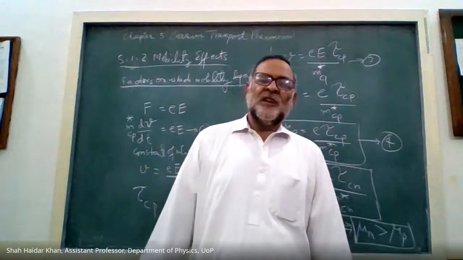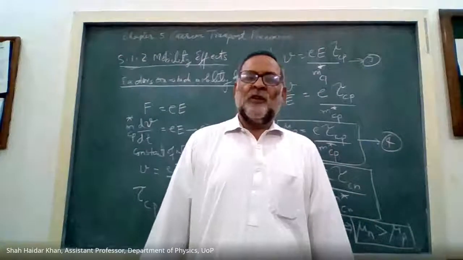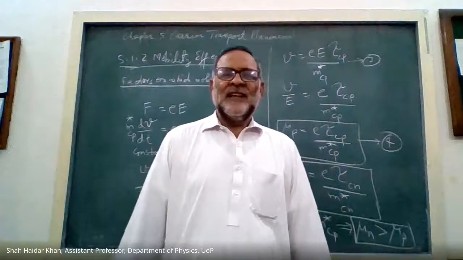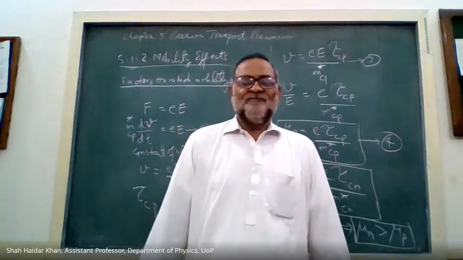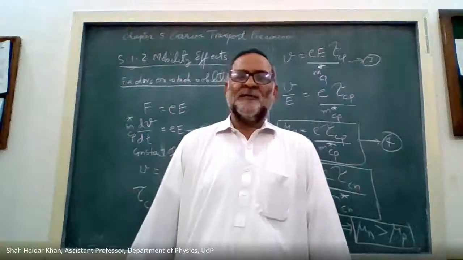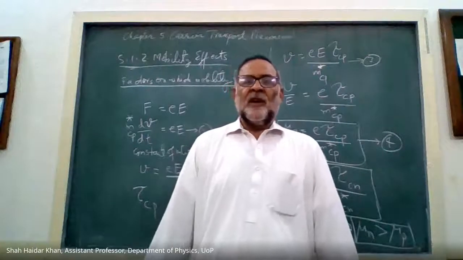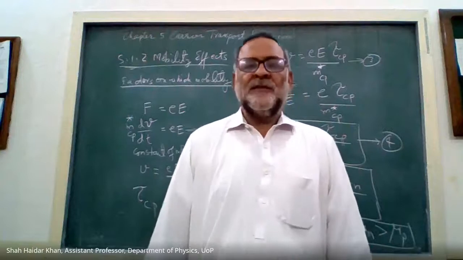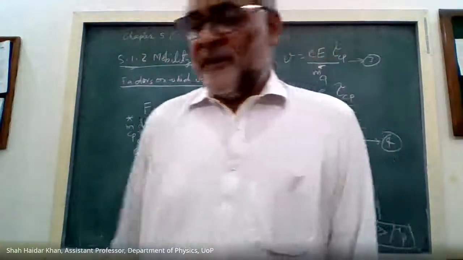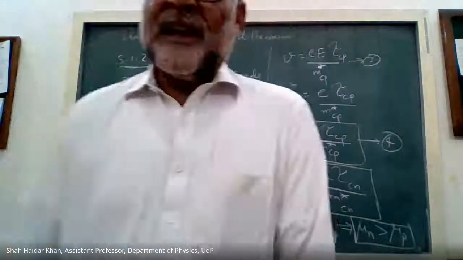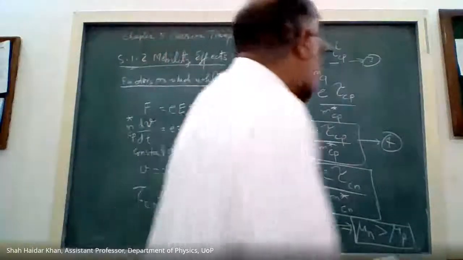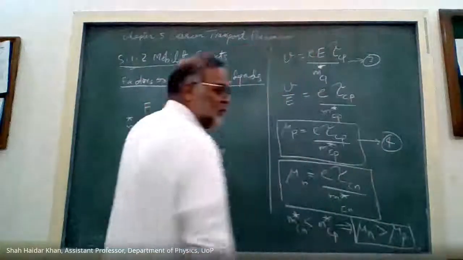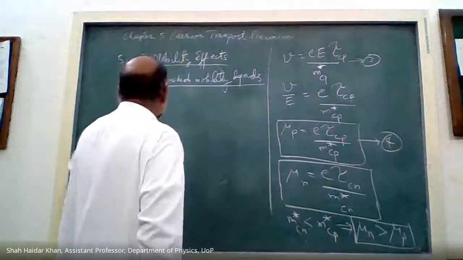So it can either collide with a phonon, which is a hypothetical particle, a quantum mechanical concept, or the holes can collide with an impurity ion. So there are different mechanisms on which mobility depends.